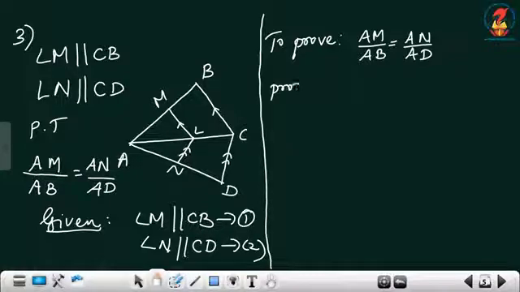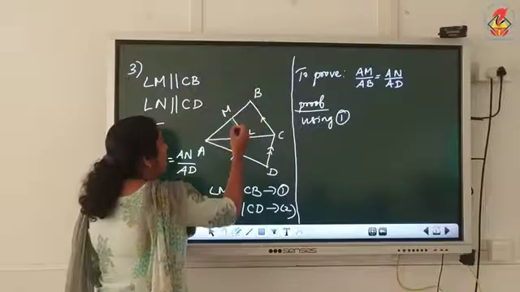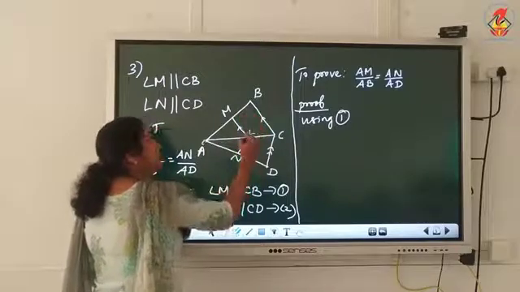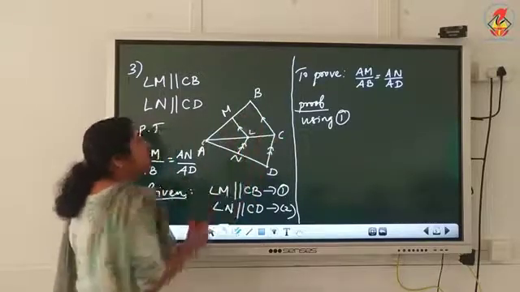Then proof. Using 1, LM is parallel to CB in triangle ABC. So we have to consider the triangle ABC in which LM is parallel to CB.